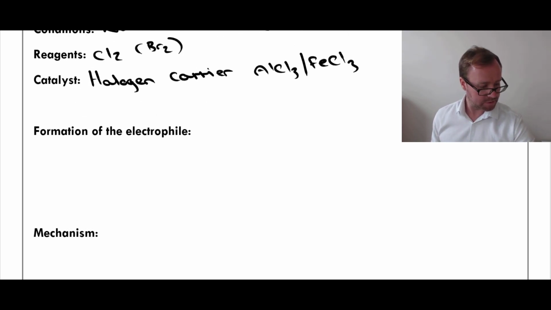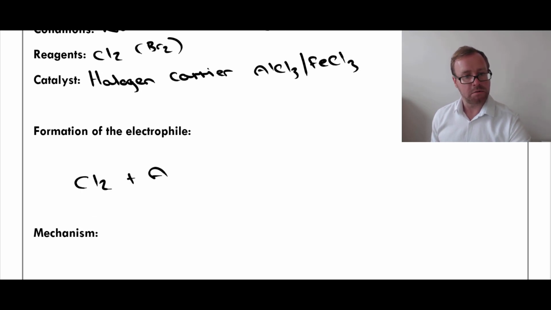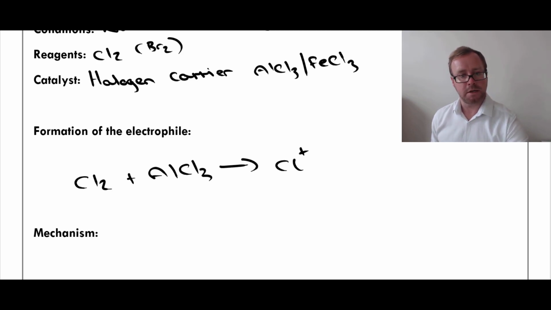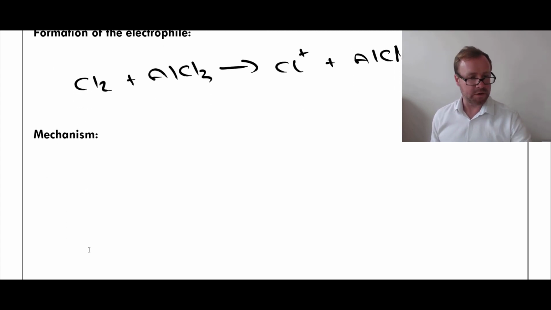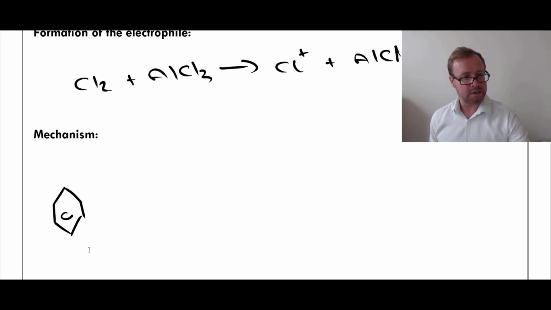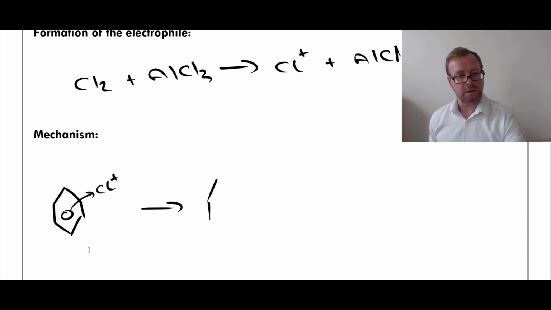Formation of the electrophile. So we talked about this previously. So to form the electrophile, we have aluminium chloride. We break this covalent bond here to form our electrophile. And then we have our mechanism, and our mechanism is exactly the same as our nitration. So Cl+, our pi electron delocalized system breaks.